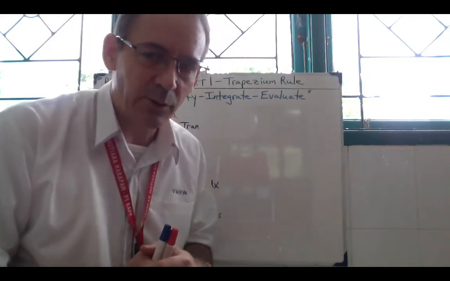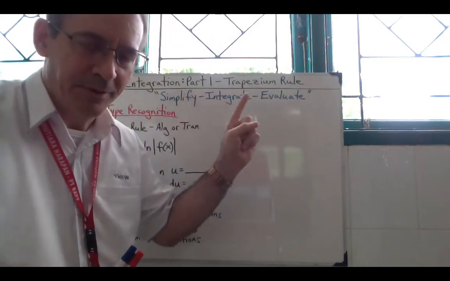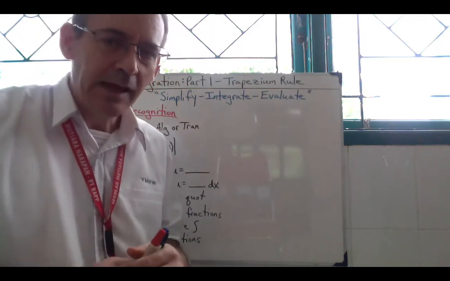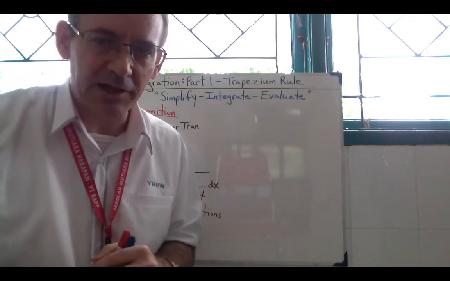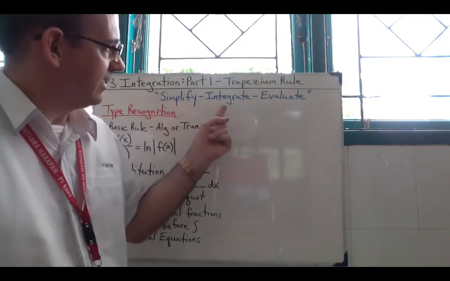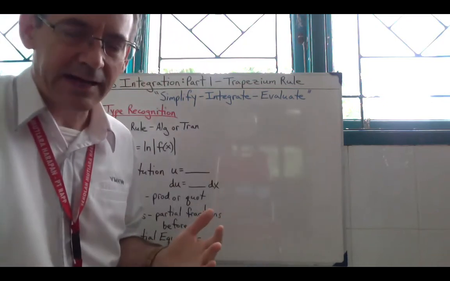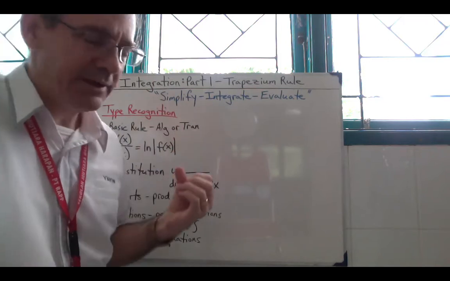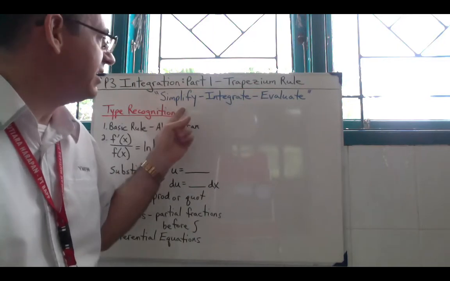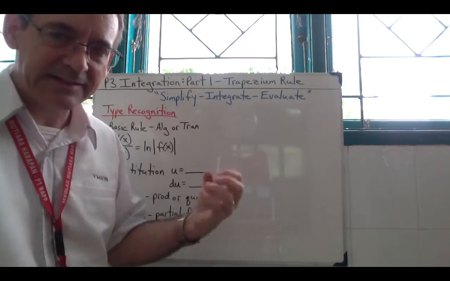So the first thing that I want to point out is just a general mental map. When you get into an integration type problem, I like to look at it in 3 stages, and I call it simplify, integrate, evaluate. Most of the time, when you get into an integration type problem, there's going to be something that you need to do first, some sort of a simplification activity.